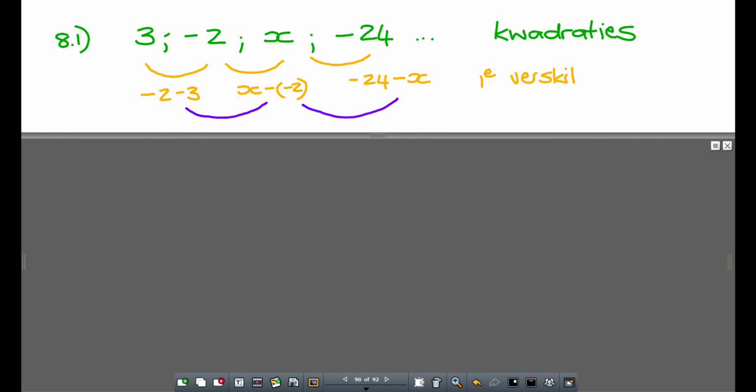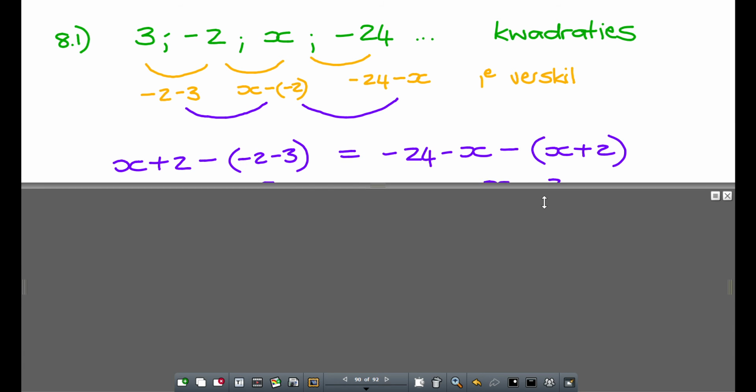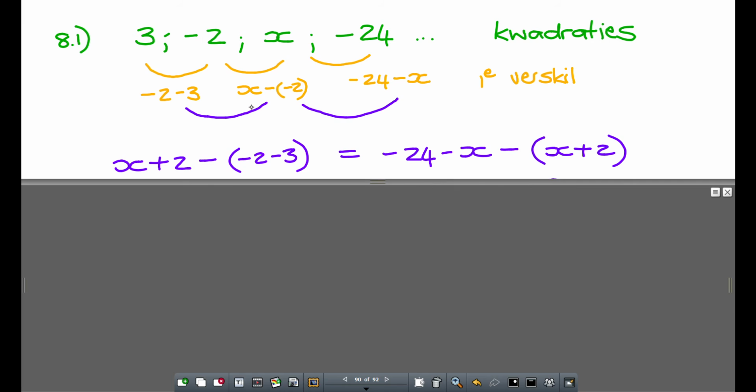Okay, nou as ek dit gaan doen, gaan ek sê X minus -2 is mos dieselfde as X plus 2. And then I subtract the -2 minus 3. As jy dadelik wil sê minus 5, is mos so selfde ding, nee? Okay, then to get the difference between these two, I'm going to say -24 minus X, minus, en dan sit ek hierdie liewers in hakkies, die X plus 2.